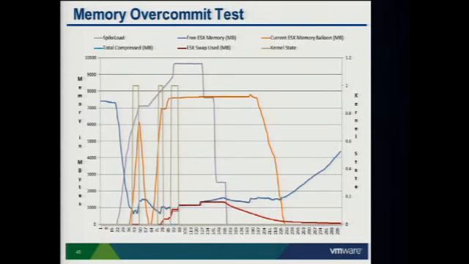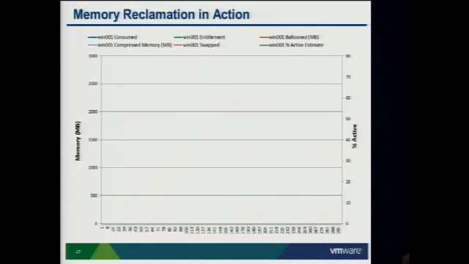Okay, so now we want to look at the memory reclamation in action, and to show you how ESX knows when to reclaim memory and from which VMs. We know from the basic concept that memory reclamation is based on entitlement and consumed memory.